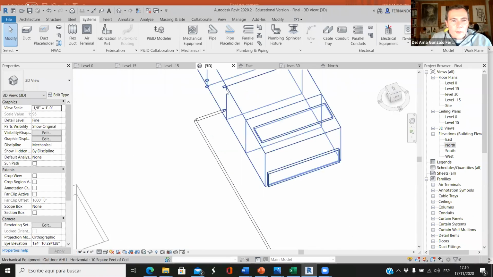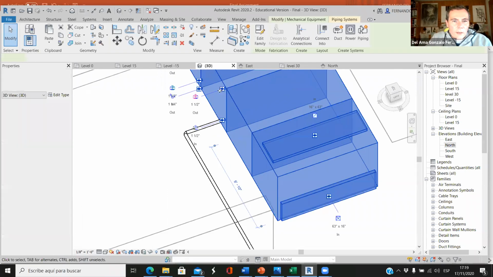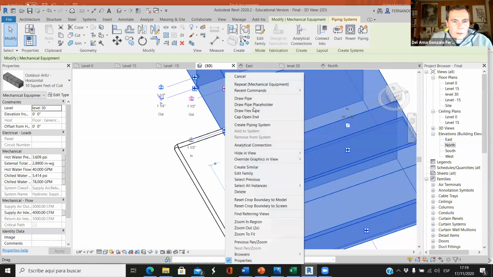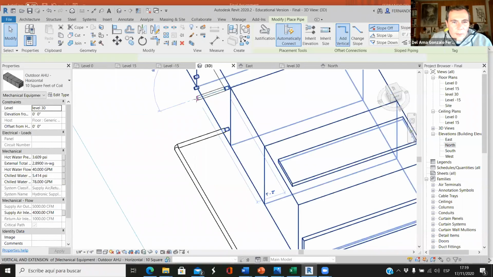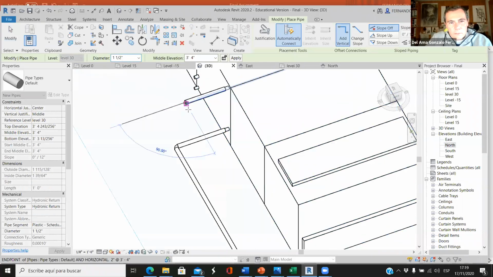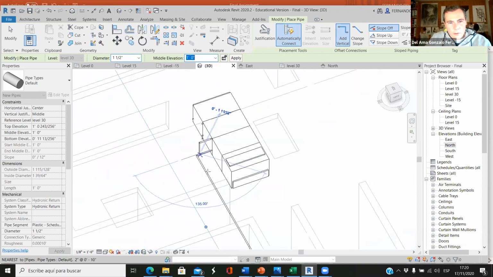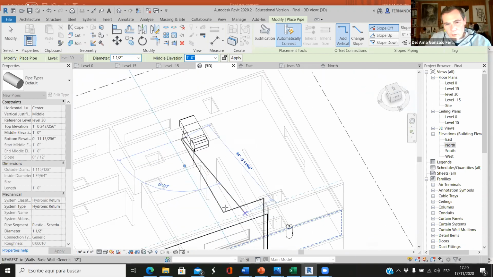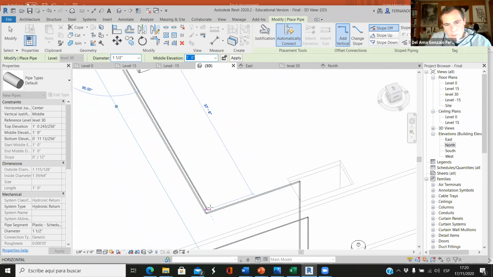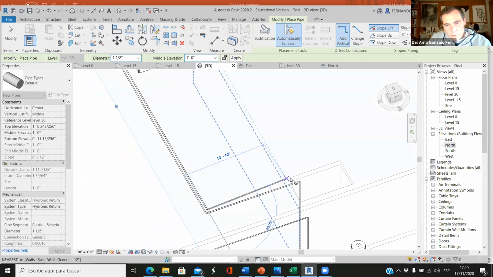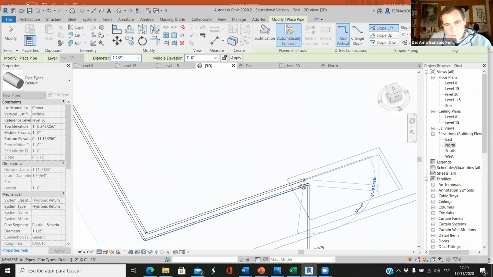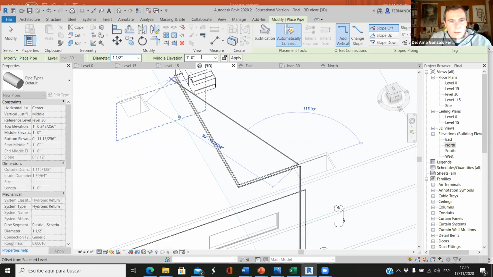And now we have to do the other way around. We have to draw a pipe. We can change the elevation, let's say 21. And then we have to go all the way parallel to this. We change the elevation to -35.